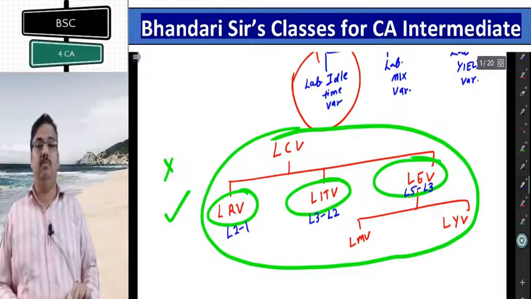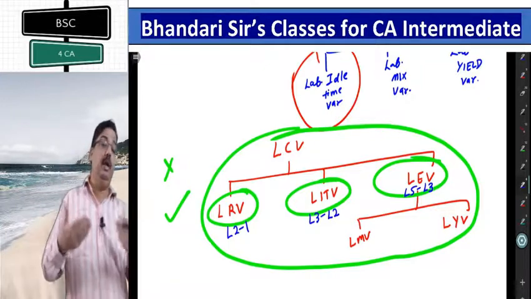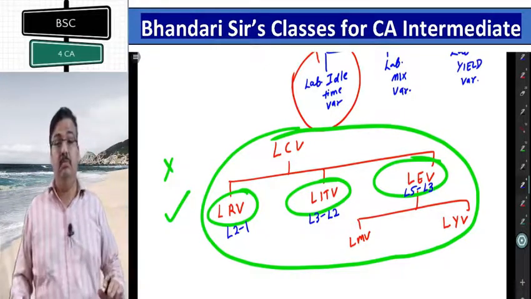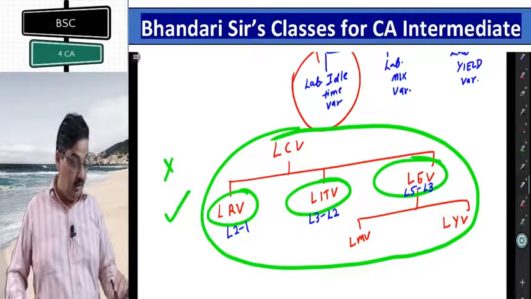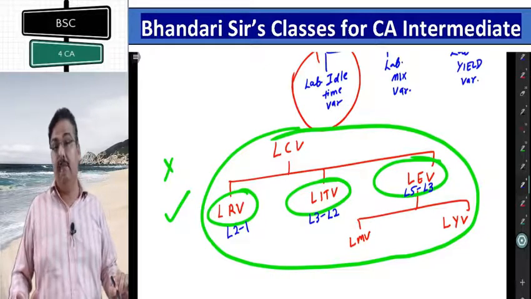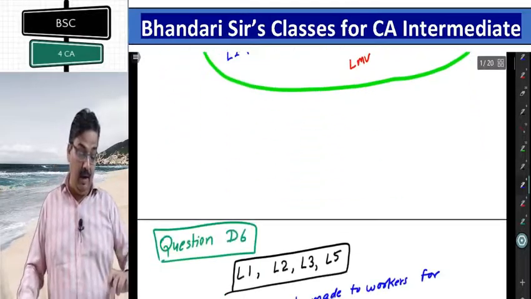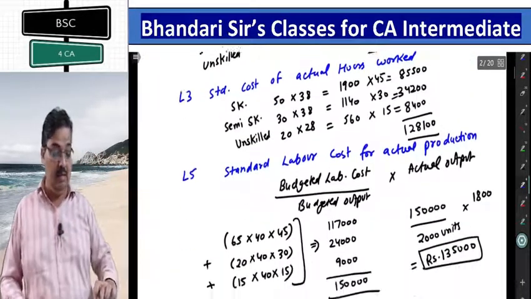Very important. That is the difference between the first table and the second table. That is what changes the answer due to the change in classification, because it is the aggregate of mix and yield only. Idle time is separately reported. So it is L5 minus L3. Very important. That is the reason we computed L3.